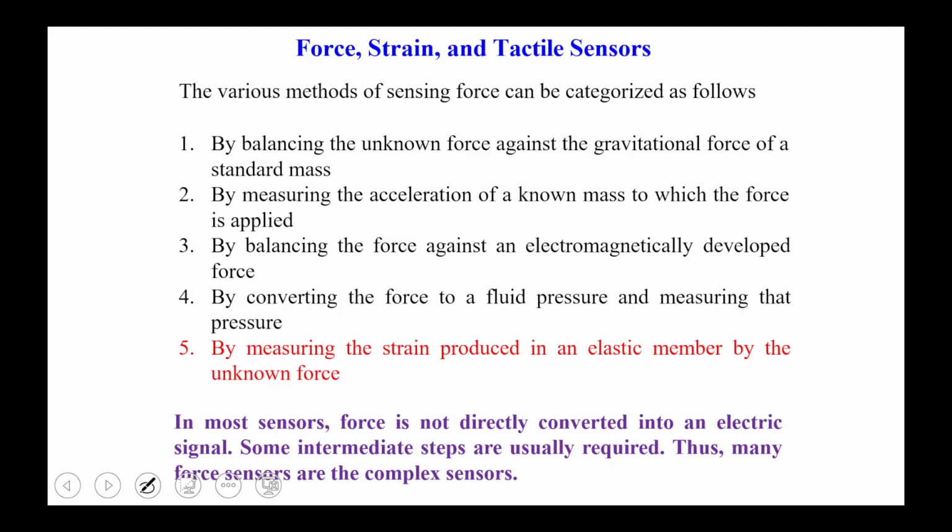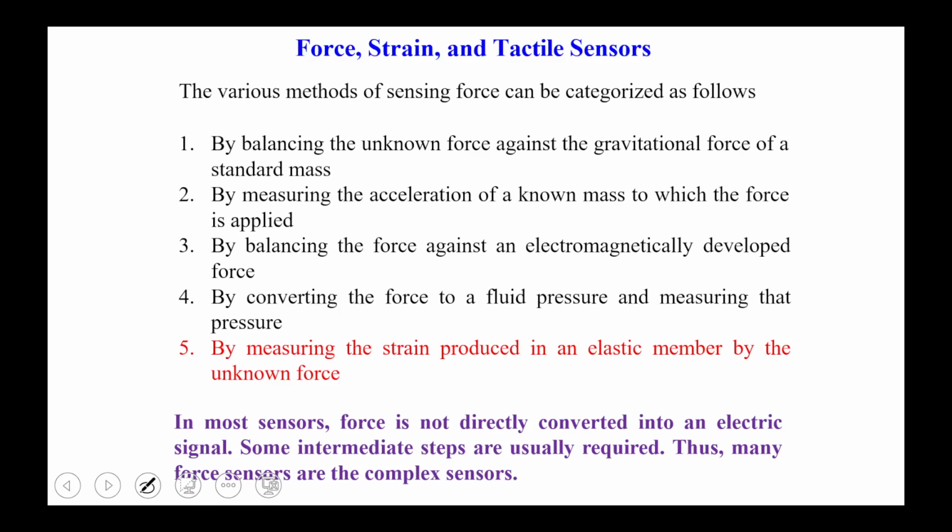You can remember from physics that you can calculate the Young modulus, the elasticity of materials, from the strain produced by stretching the material through the applied force.